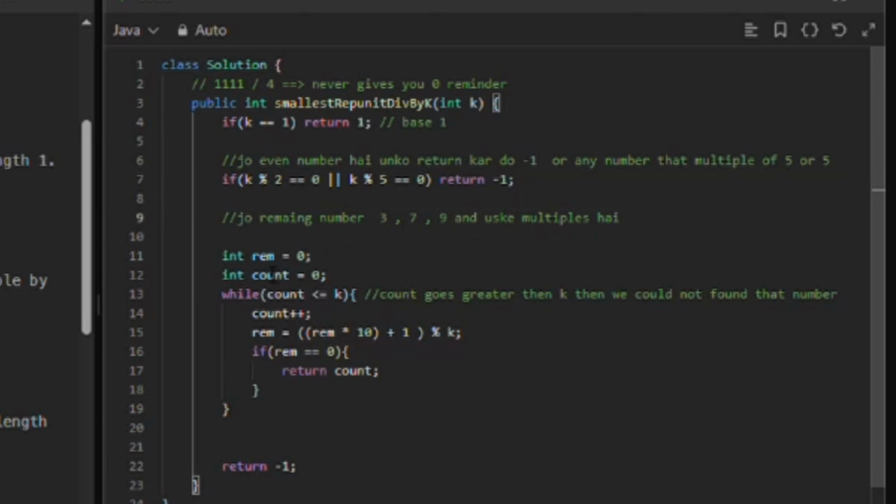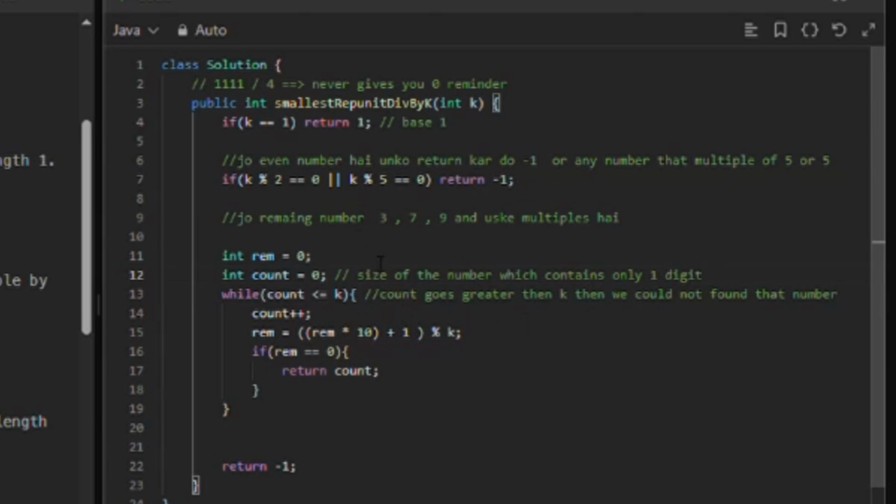So we take two variables, remainder and count, which store the size of the number which contains only the digit 1. Okay, so let's see.